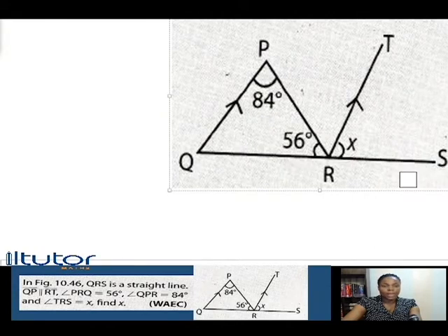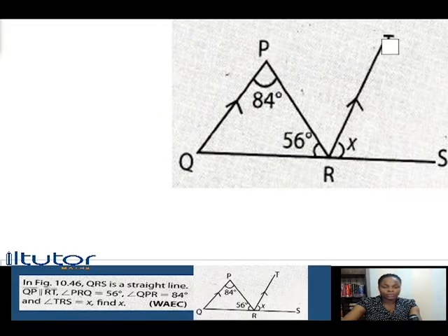Okay, so QRS is a straight line, and line QP is parallel to line RT. Angle QPR is 84 degrees, and angle TRS is angle X, which is what we have been told to find.